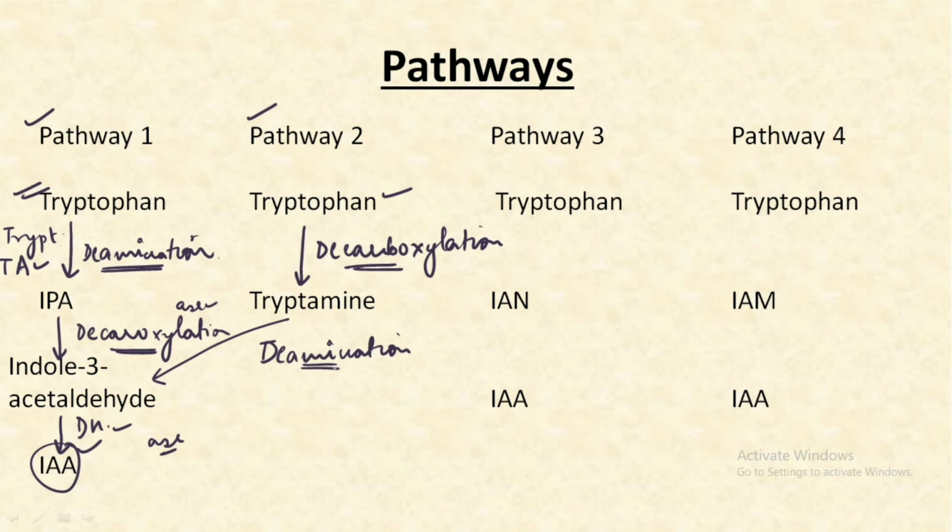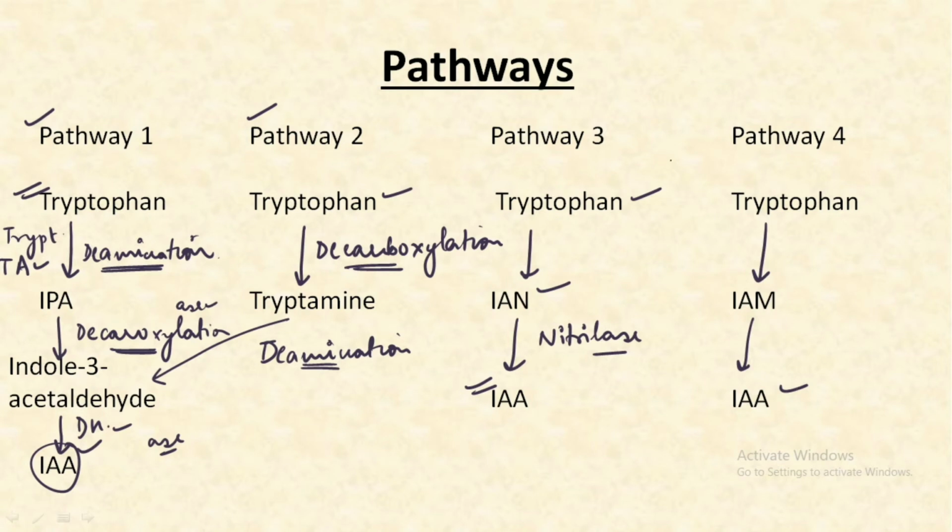The third pathway is the one in which we have the tryptophan getting converted into IAN, that is indole 3-acetonitrile, and then IAN gets converted into the IAA, that is indole 3-acetic acid, by the enzyme which is known as nitrilase. The last pathway is the one in which the tryptophan gets converted into IAM, that is indole 3-acetamide, and then acetamide gets converted into indole 3-acetic acid.